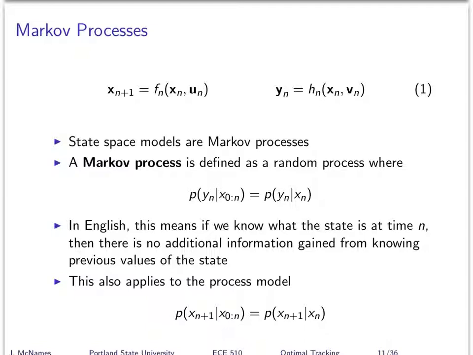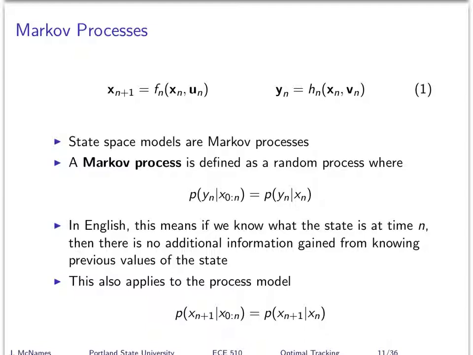Before we go through that recursion, there's another key idea that you need to be aware of that is implicit in these two equations. And that is that we're assuming that the processes we're working with are what are called a Markov process. And what that means, essentially, is that the PDF of the measurement conditioned on the entire state trajectory is the same as the PDF of the measurement conditioned on just what the state is right now.